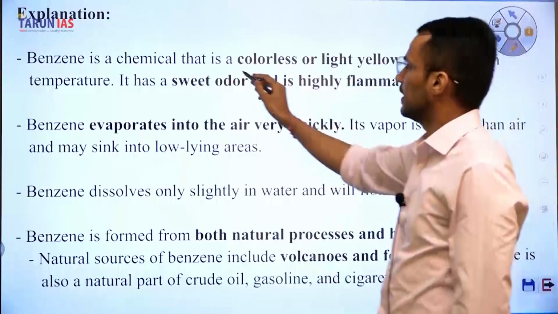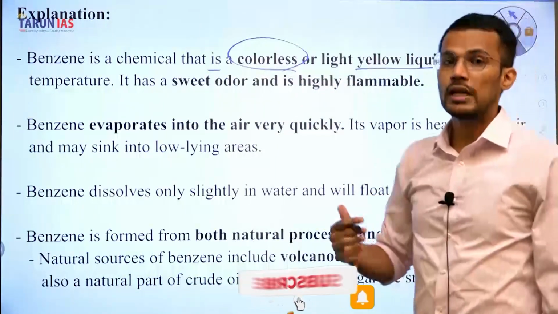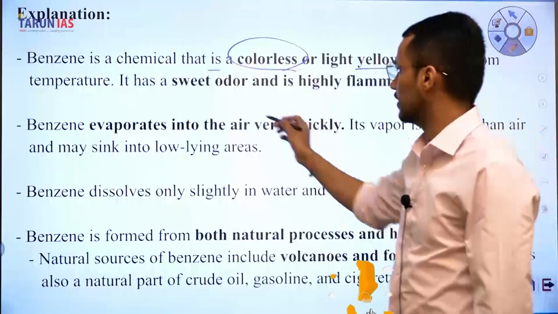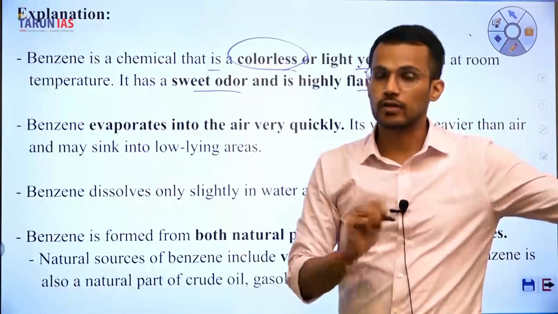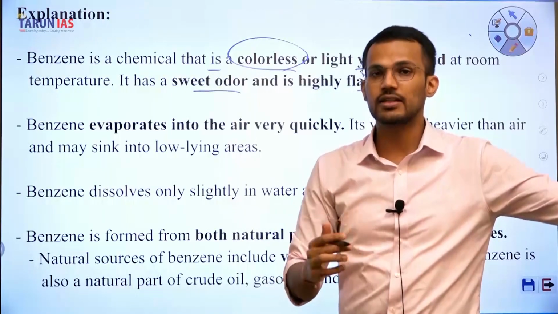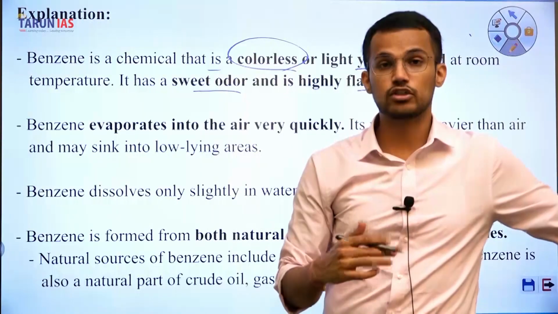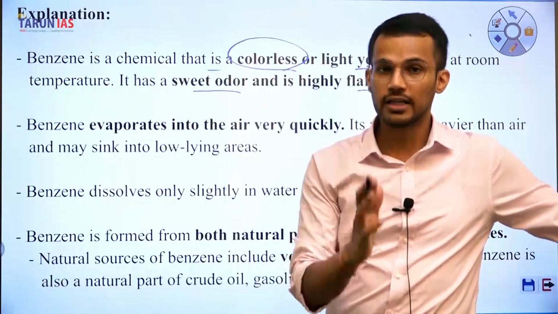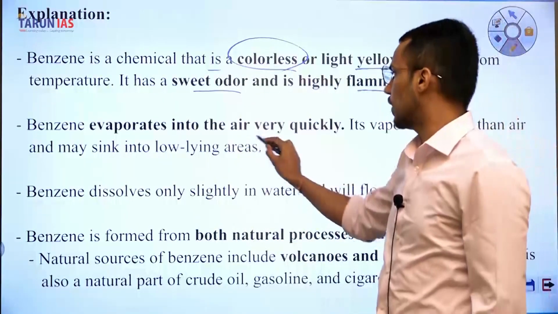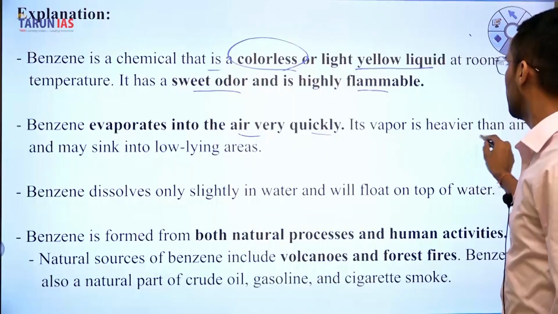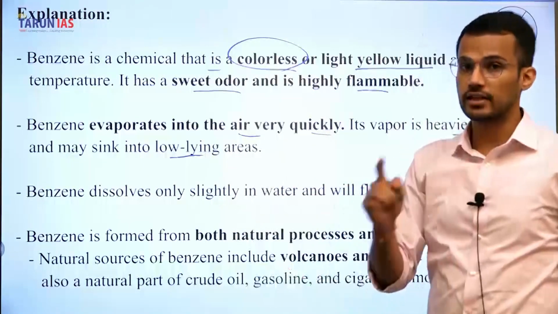So, benzene is a chemical that is a colorless to light yellow liquid, with a sweet odor, and it is a highly flammable liquid. Benzene evaporates into air very quickly. Its vapor is heavier than air and may sink into low-lying areas.